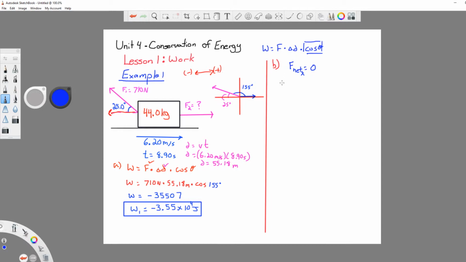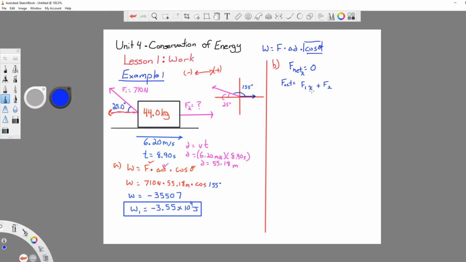Okay, so let's write that out. We can say that F net is equal to the sum of all the forces. So on this we have F1x plus F2.